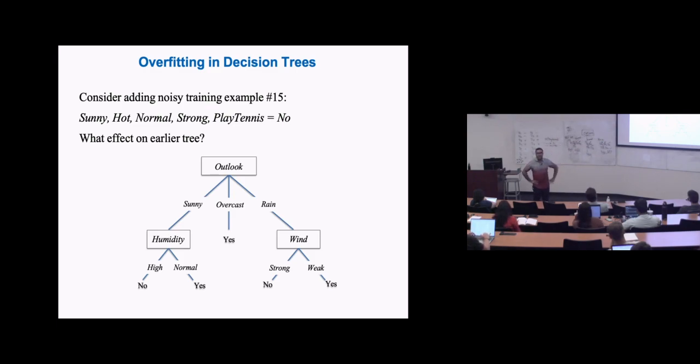Can we still use this tree? It's not going to play, but there was just some noise, and we don't have a branch for overcast. But this example is actually looking at sunny, so you are already through this branch. And for humidity, you have high or normal.